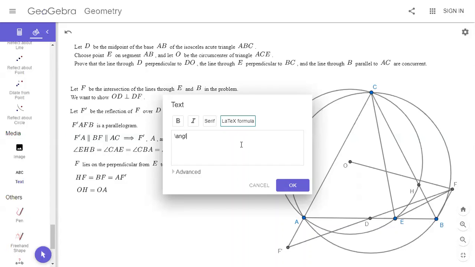So angle FHO is 360 minus angle FHB minus angle EHB minus angle OHE.